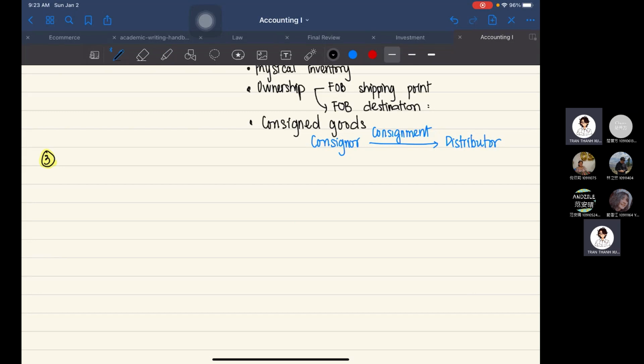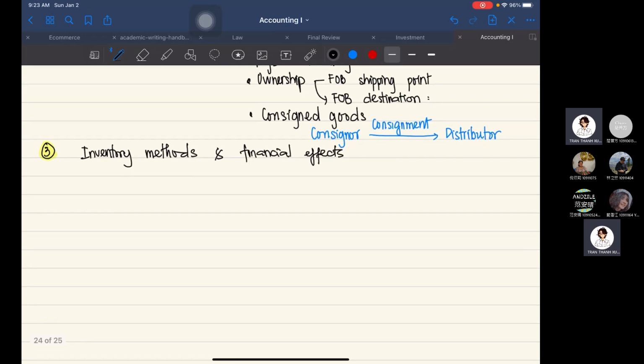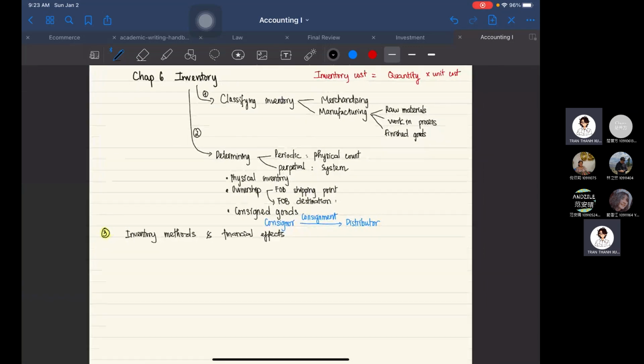The first one is inventory methods and the financial effect. Like I mentioned in the beginning, inventory cost equals quantity times unit cost.